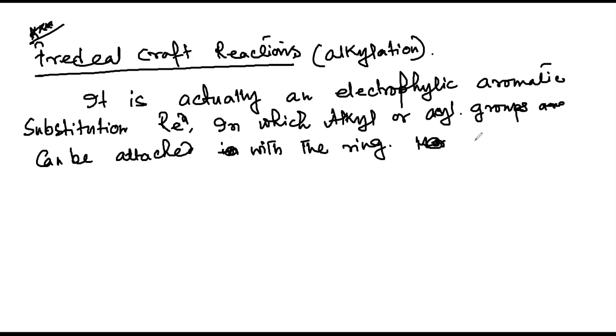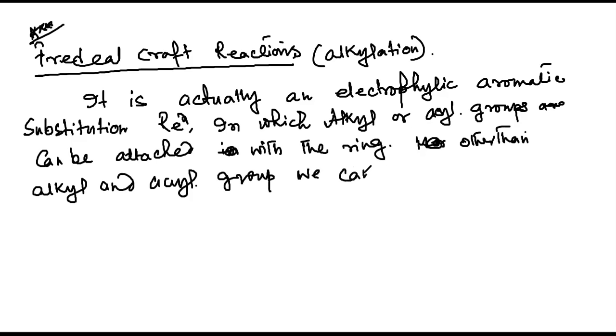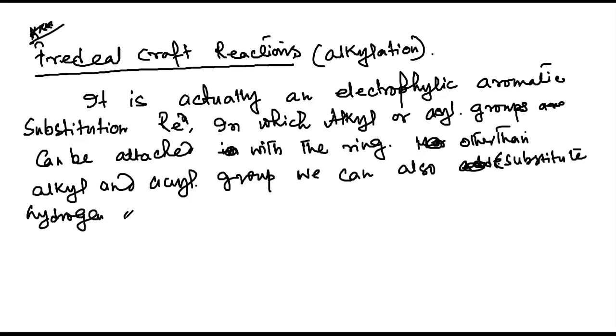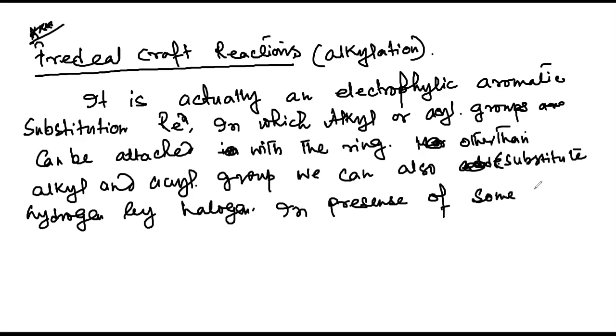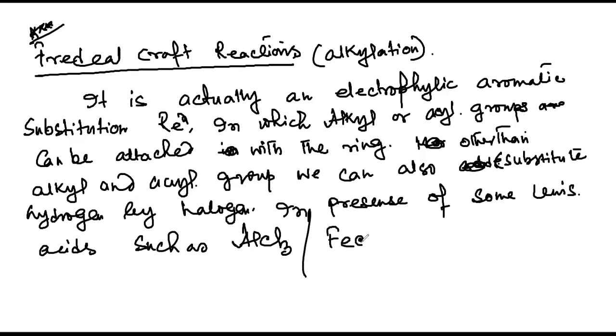Other than alkyl and aryl groups, acyl groups, we can also add; actually it is substitution, we can also substitute hydrogens by halogens in presence of some Lewis acids such as AlCl3 or FeCl3.